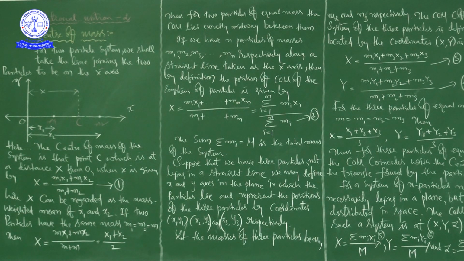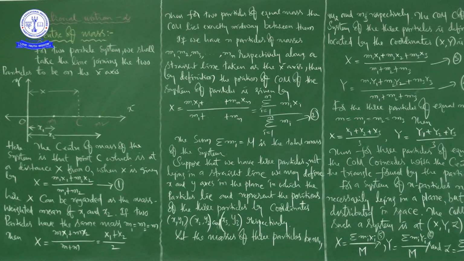Mathematically, because determination of position is very important. It is required to determine the displacement, then velocity, afterwards acceleration, then you can go for force, momentum, etc. So that's why I want to know the position of center of mass of these two particles, m1 and m2, at x1 and x2.